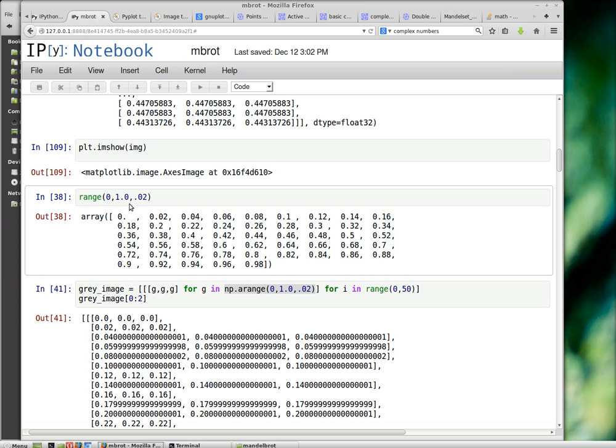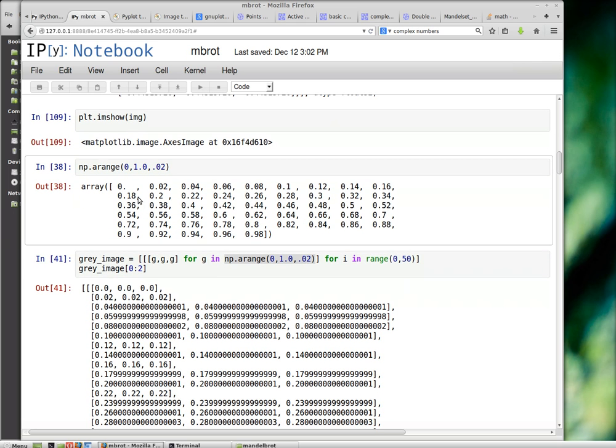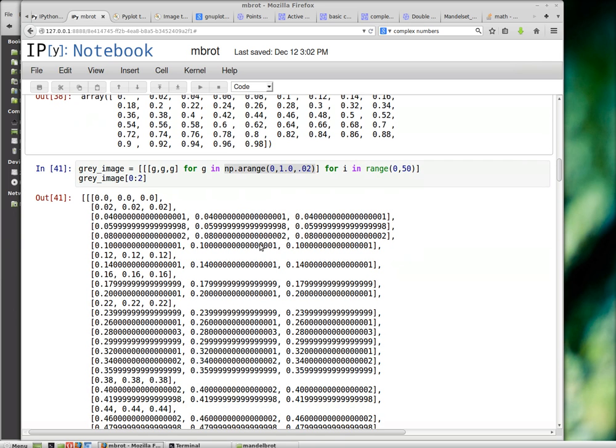But this is different because it's dealing with floating point numbers instead of integers, and this is the step. So this is going from 0 to 1, and the steps are 2%. And it lives inside the numpy module, and it's called arange instead of range. So this is in increments of 2%, going from 0 up to just less than 1.